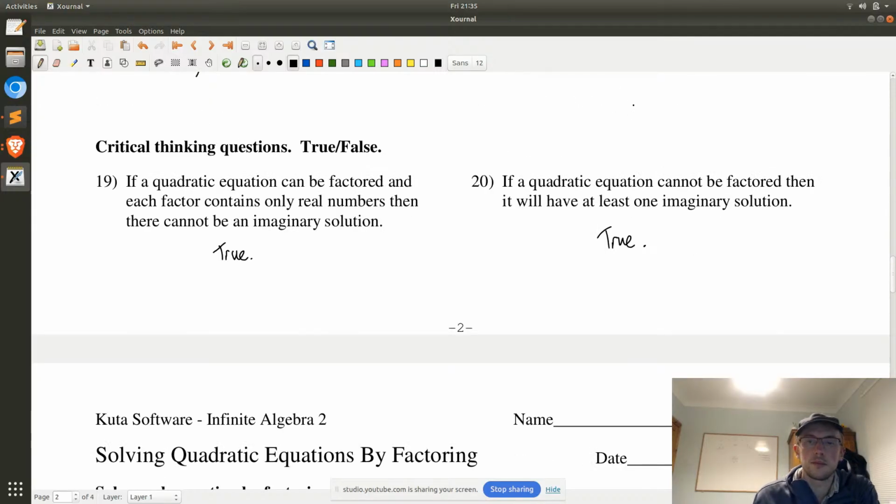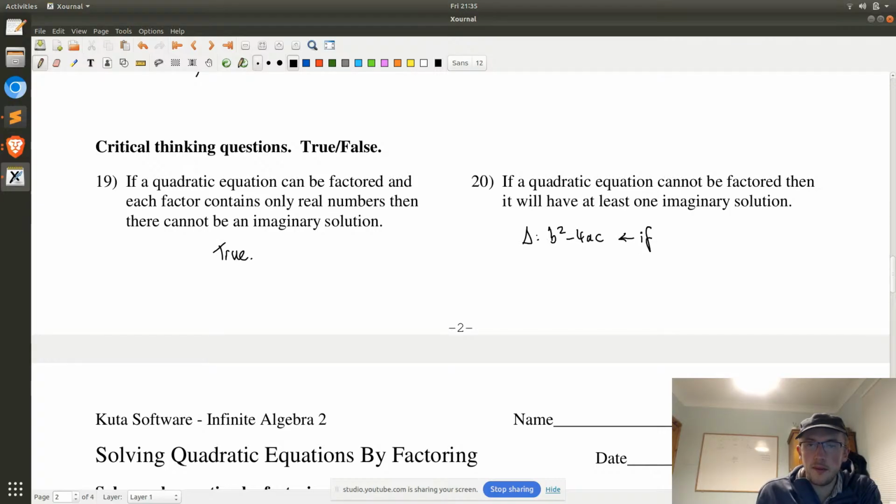Okay. Need to understand why this is the case. B squared minus 4ac, the discriminant.